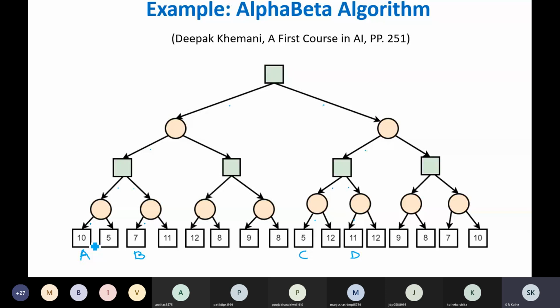Similarly, node B belongs to two strategies. Value of node B is 7. Value of a leaf node, which is B, is always greater than or equal to value of a strategy, because we don't know right now the value of a strategy, but we know the value of a leaf node.